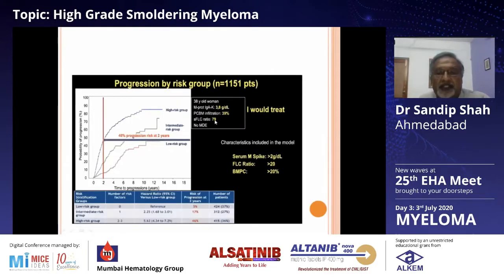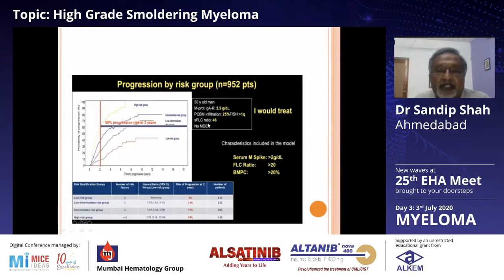And the third patient, you can see here, falls into the high risk category, and there is a 46% progression risk at 2 years. So those patients who fall into the high risk category, according to her, should be treated. This is according to the 20-20-20 risk model. This patient has a 46% chance of progression at 2 years.